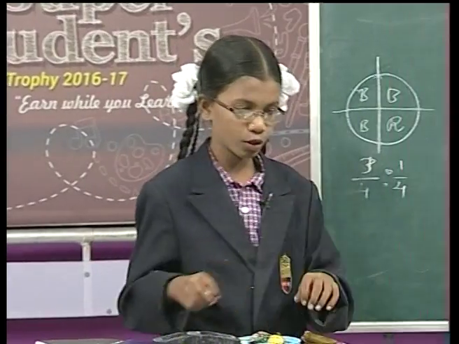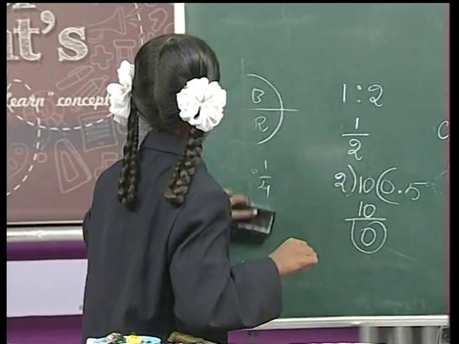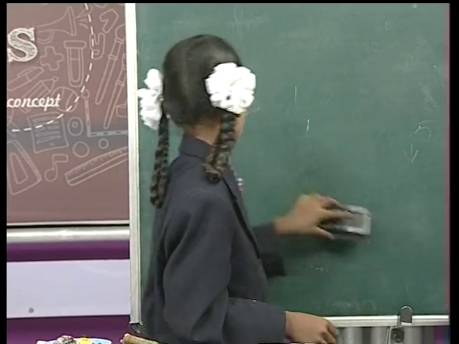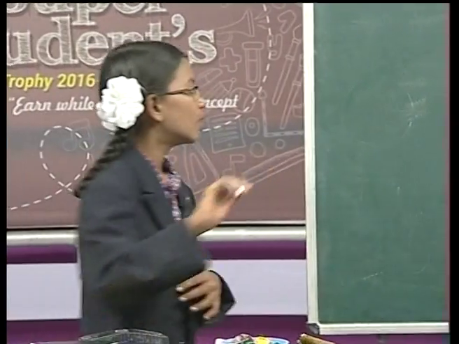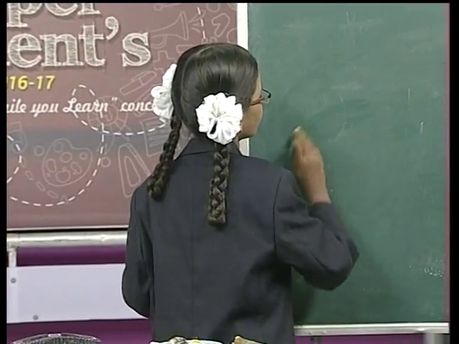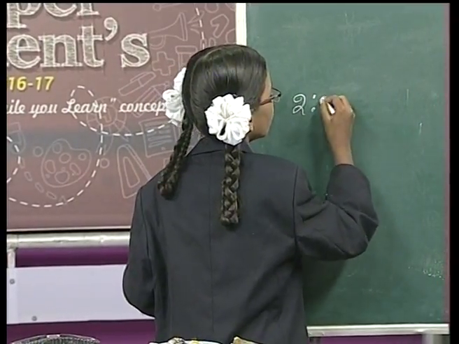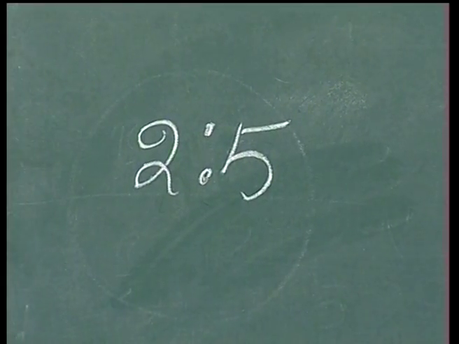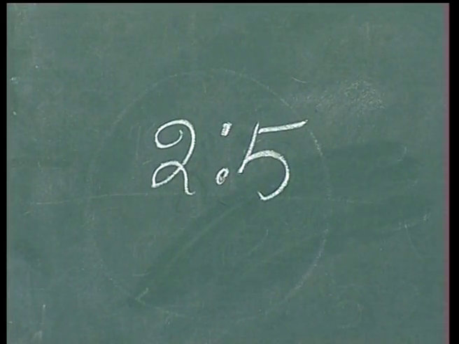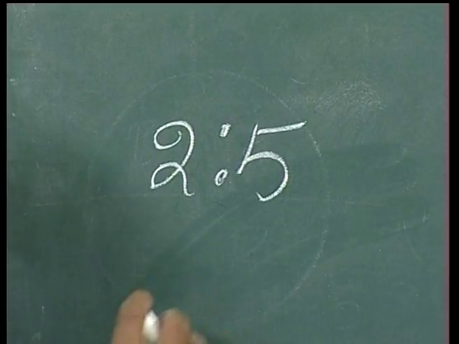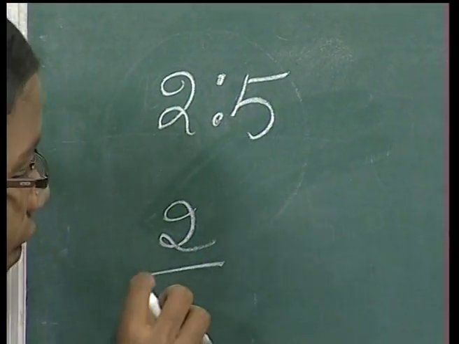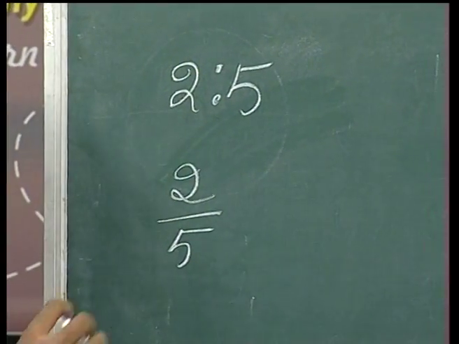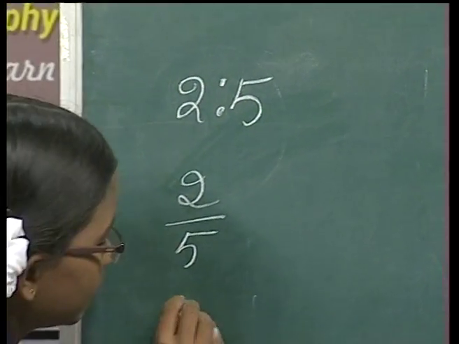So, for example, 2:5. Friends, how to convert it into decimal? Yes, first we convert into fraction 2/5 and now divide this.